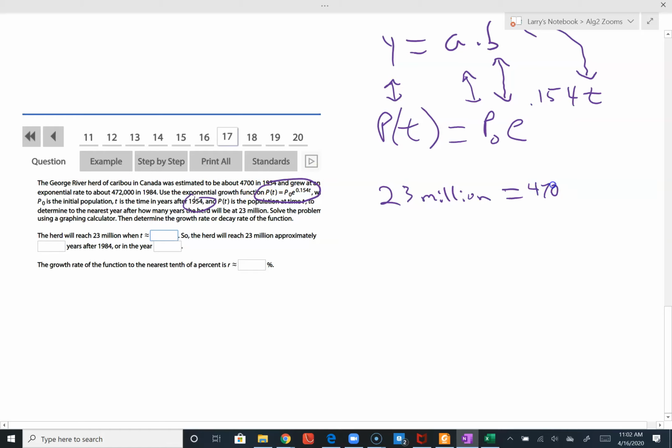It's a big increase in our caribou. 23 million is equal to, forgive me, 4,700 times e to the 0.154 t. One way we can solve this is simply graph one side in y1 and graph the other side in y2, and we can see where they intersect. Let's take a look at that.